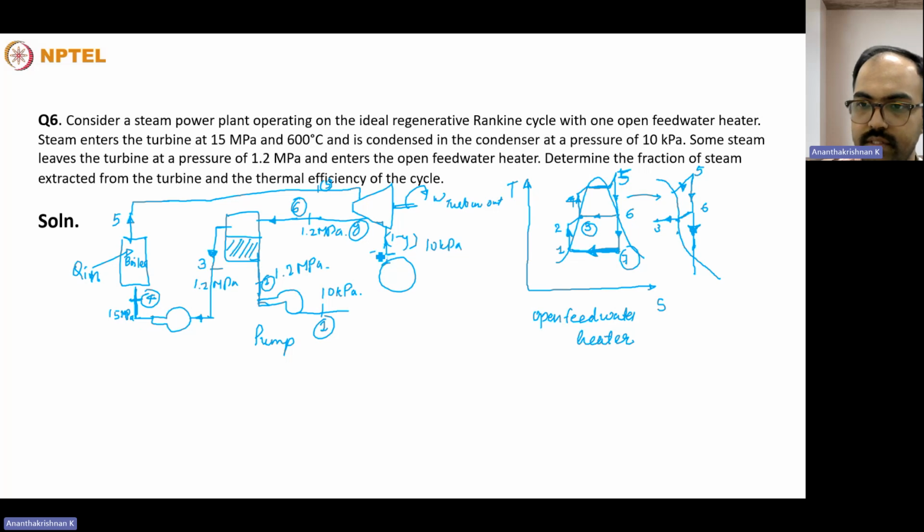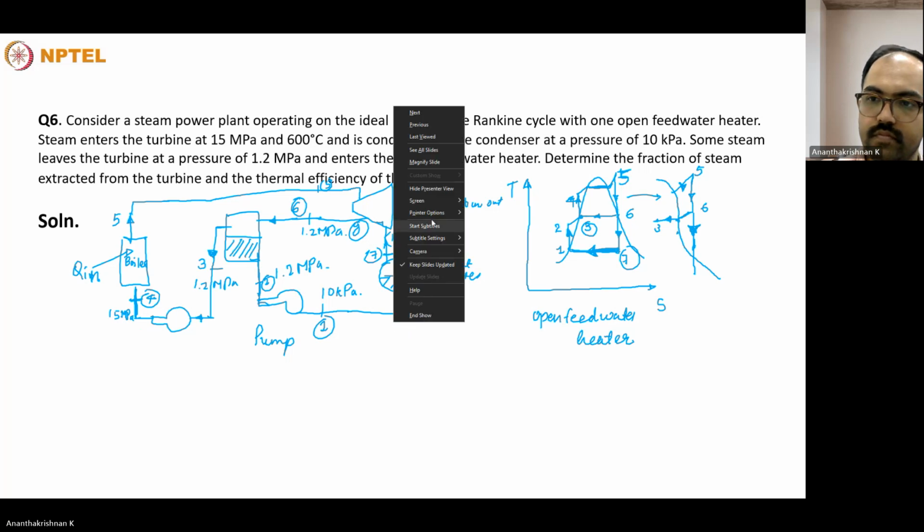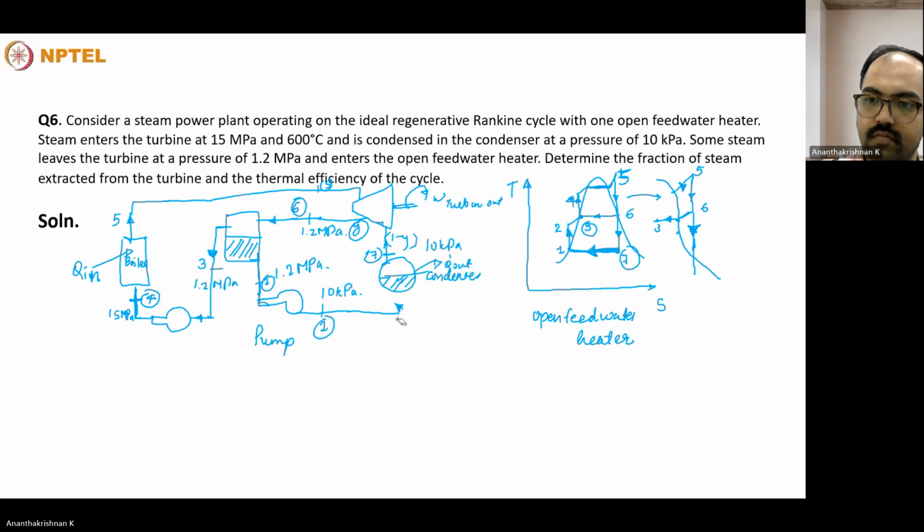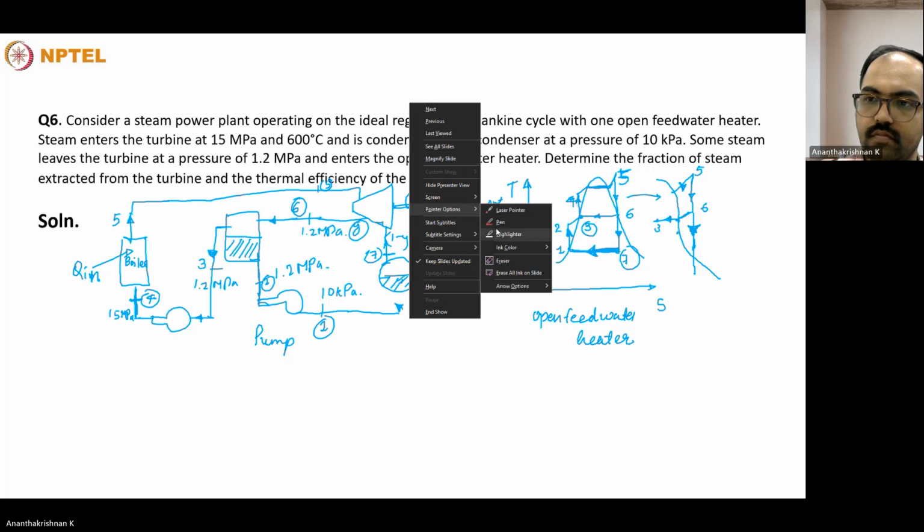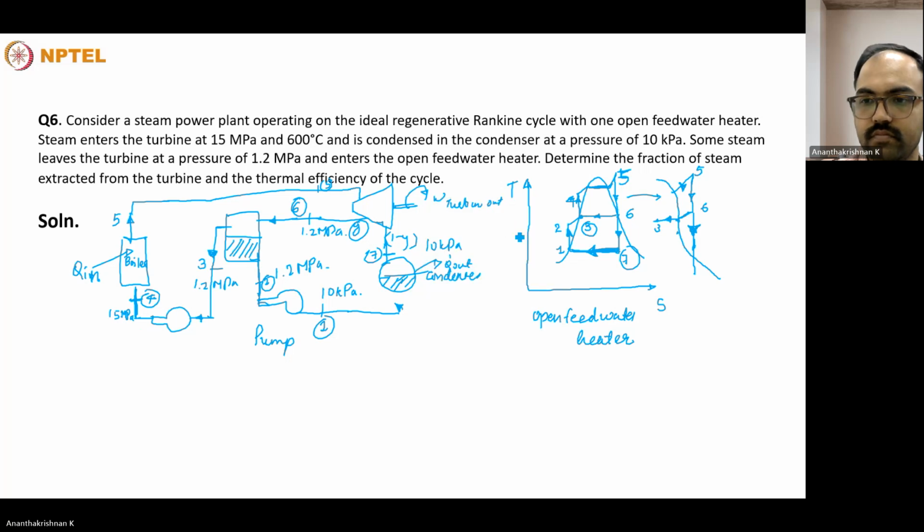So this will be at state point 7, and then there will be the condenser heat exchanger, and this will be the Q out portion, and then it will be fed back to the pump, saturated condition. Okay, now that's done.